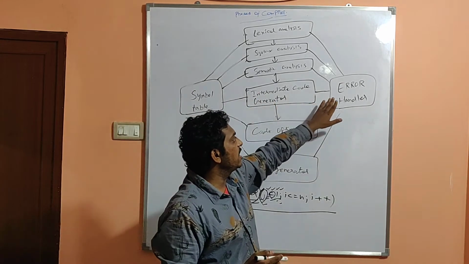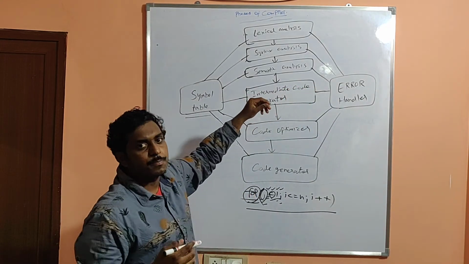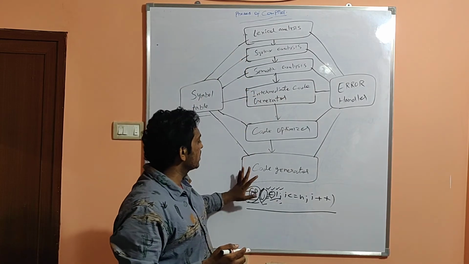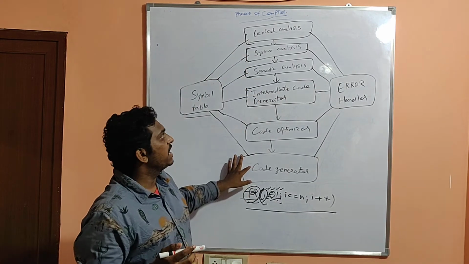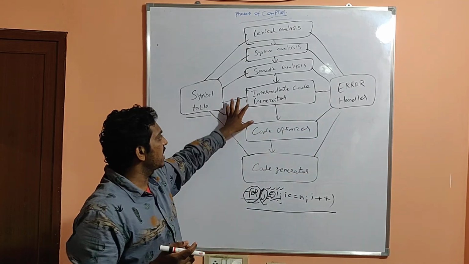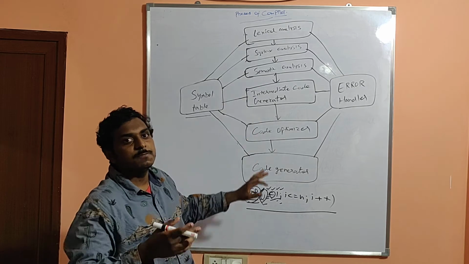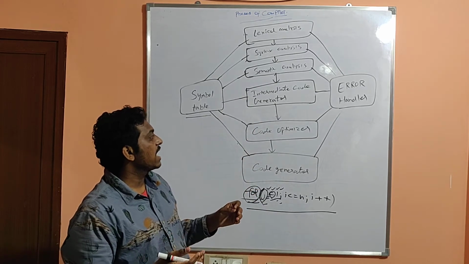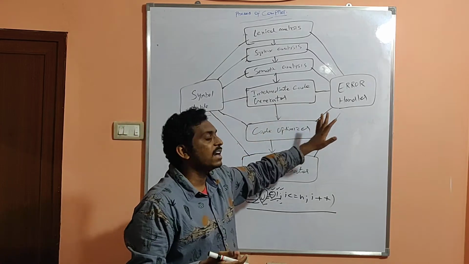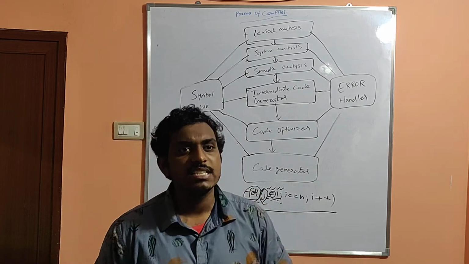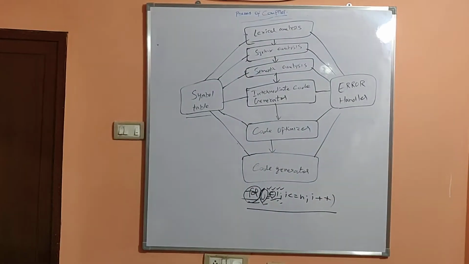An error handler means that while compiling our program, we may get an error in any particular stage of the compilation. The error handler will catch the error wherever it has occurred and display the particular error to the user. That is the main task of the error handler. The symbol table and error handler are both linked to each other. So these are the phases in the compilation process.